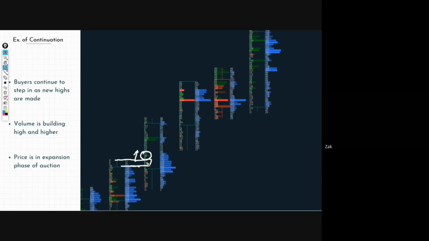Are there people initiating new positions aggressively in this area? As it makes a new high, are they getting even more aggressive? Is this squeezing?